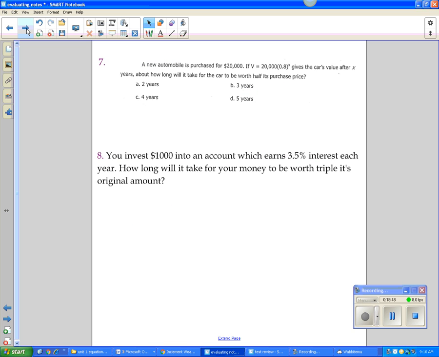All right, number 7, a new automobile is purchased for $20,000. If V equals 20,000 times 0.8 to the X gives the car's value after X years. About how long will it take for the car to be worth half its purchase price? Haley, tell me something about this problem. Very good. They already give you the y equals.